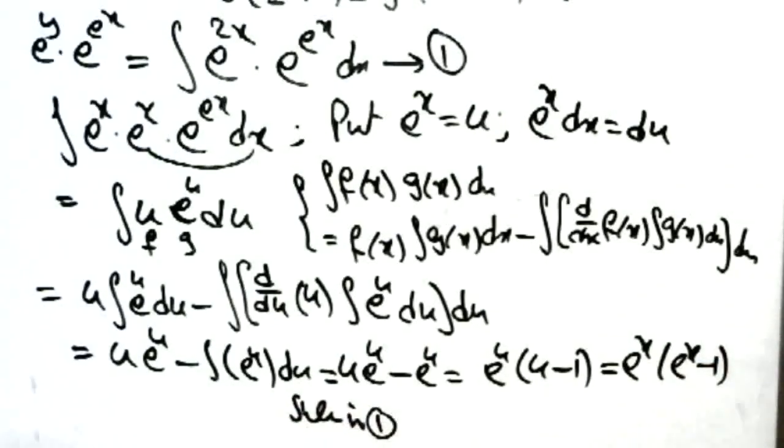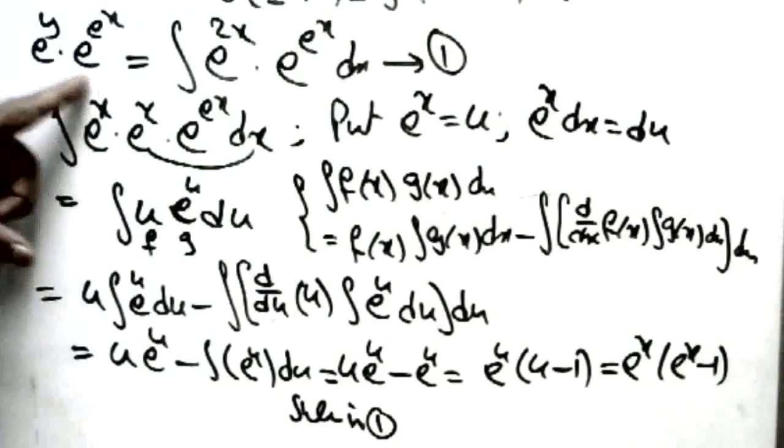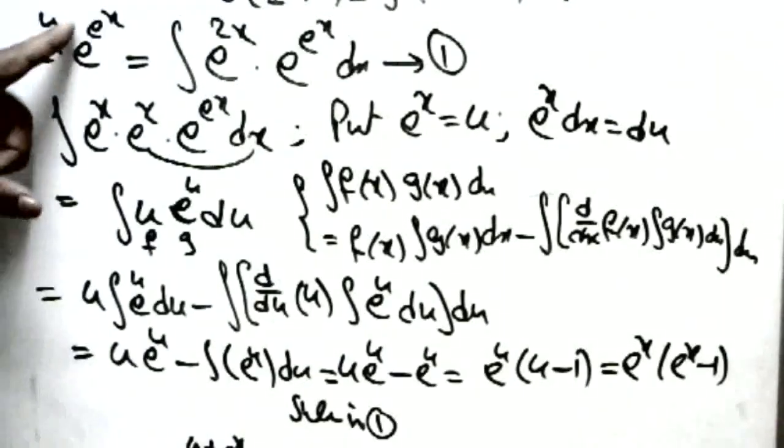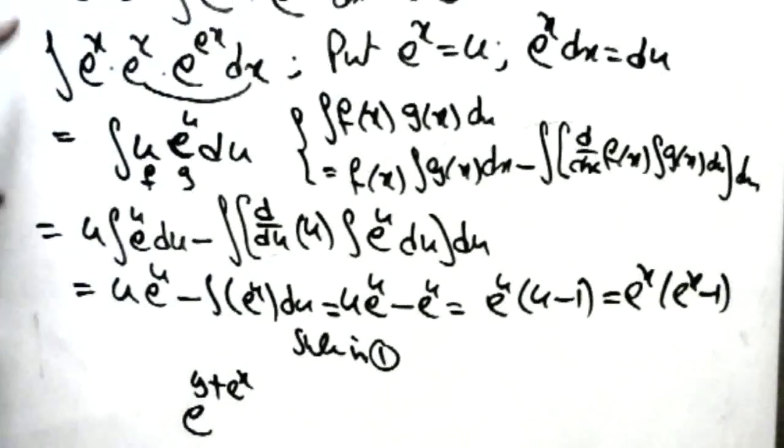Now let me substitute this in 1. Here, the bases are same, so let us add the powers: e power y plus e power x. I am using the formula a power m into a power n is a power m plus n.